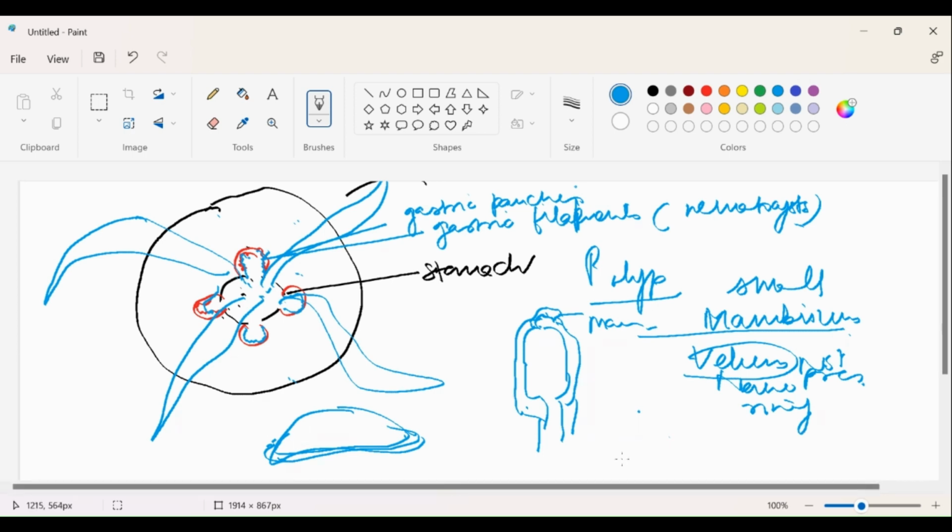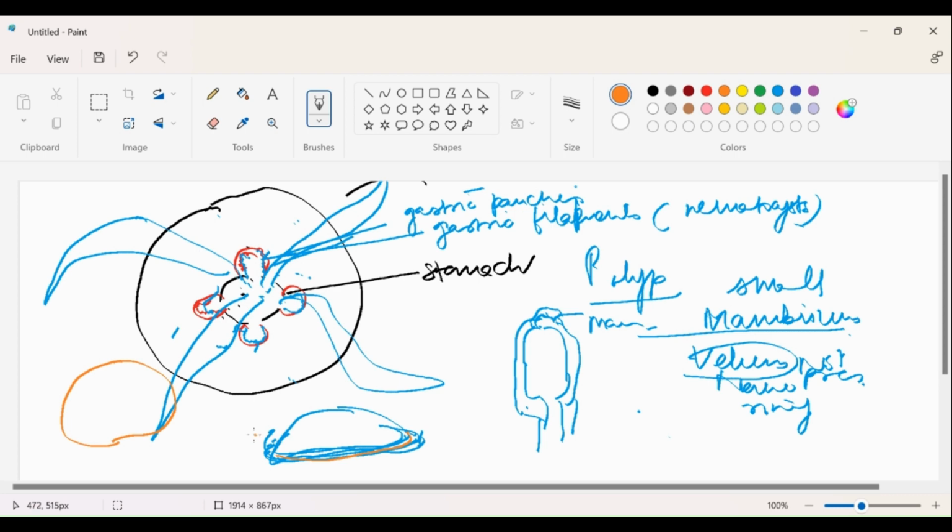So true velum is missing, and there is no nerve ring in the velum. It is not muscular as it was in hydrozoa. So here I am making the hydrozoa, which has a true velum, which was muscular, as I told you in my last lecture, and that contains within it a nerve ring. Suppose we had to make it from the oral end.